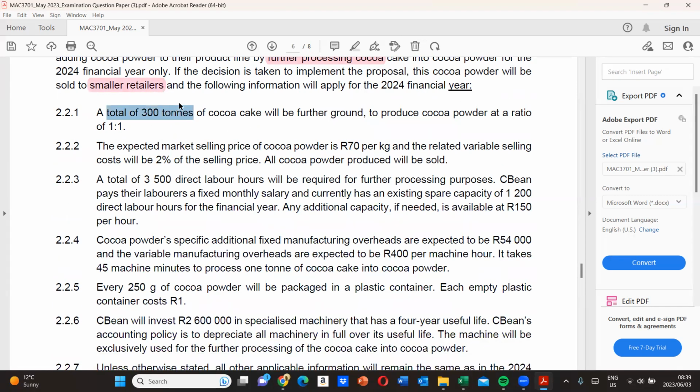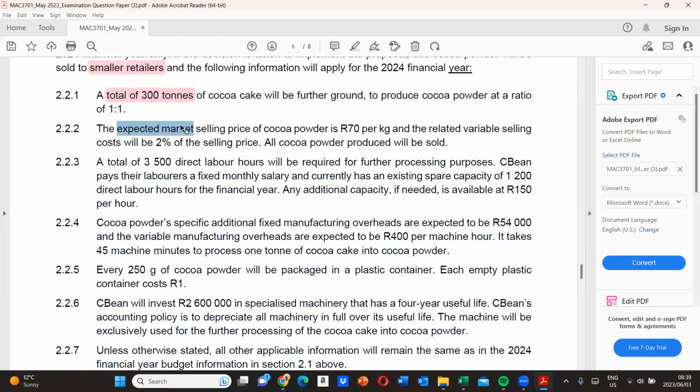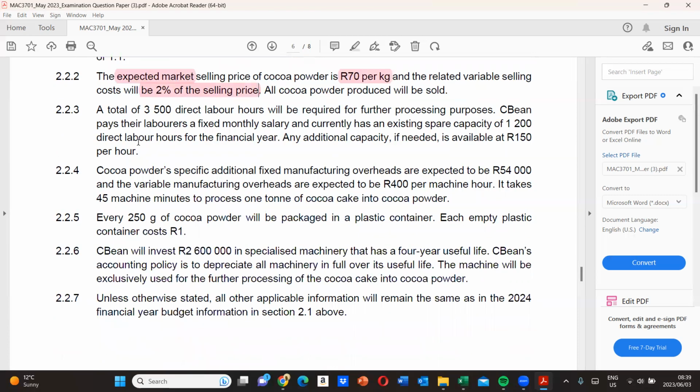A total of 300 tons of cocoa cake will be further ground to produce cocoa powder at a ratio of 1:1. The expected market selling price of cocoa powder is 70 Rand per kg, and the related variable selling cost will be 2% of the selling price. All cocoa powder produced will be sold.